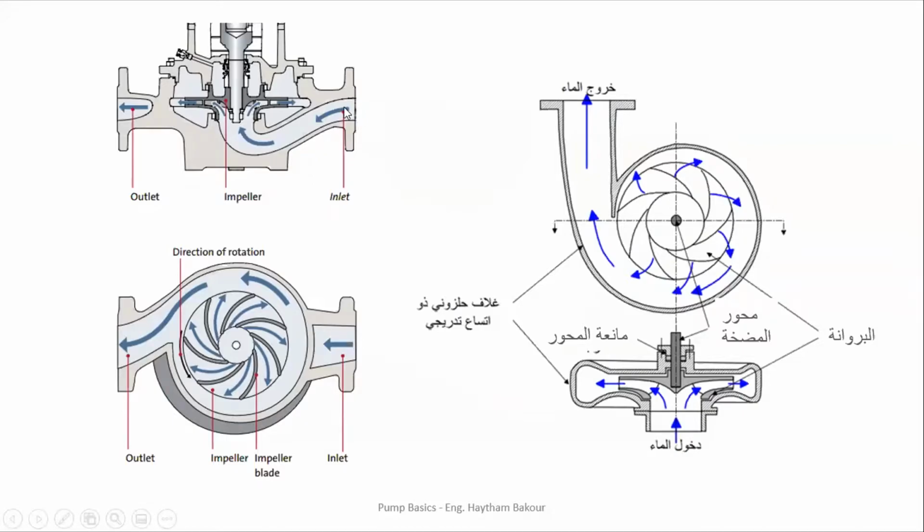The water enters here from the inlet and moves to the entrance of the impeller, which we call the eye of the impeller. In this chart it comes from down below, and then the water goes between the impeller vanes, gathers in the surrounding, and then goes out through the outlet of the pump.